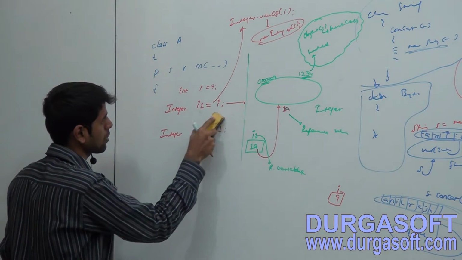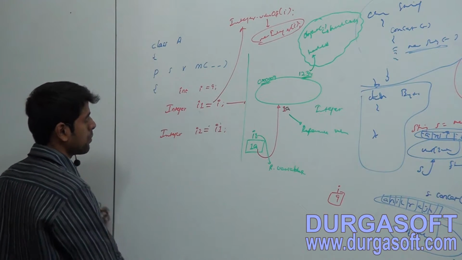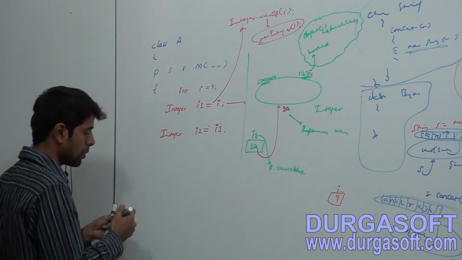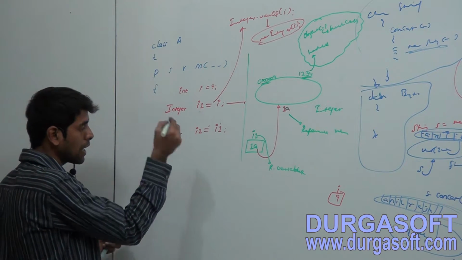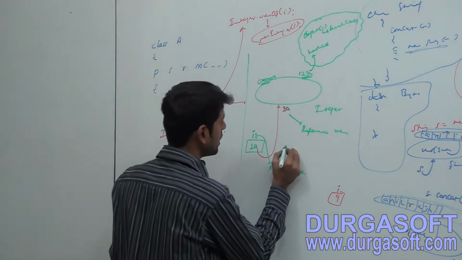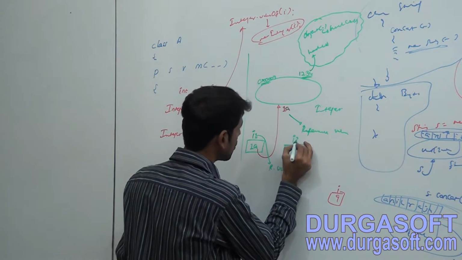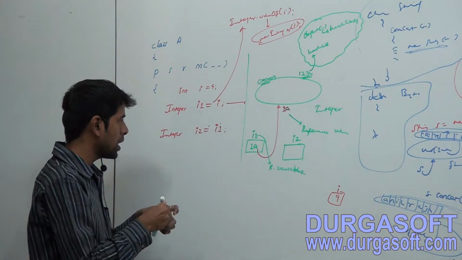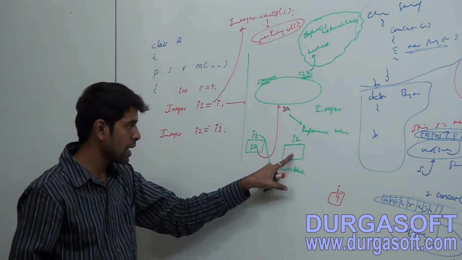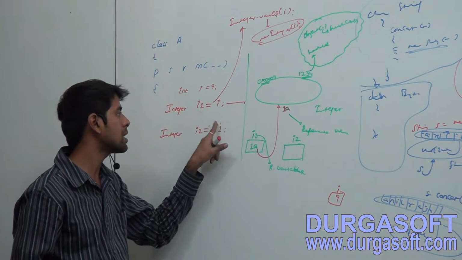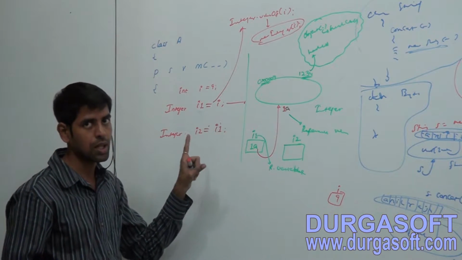Now observe here. What is the I1 value? 1a. 1a I am assigning to I2. First the declaration has been done, so here I have the I2 variable. I2 variable will contain the same data as the I1 variable, because of assignment. Yes, initialization.